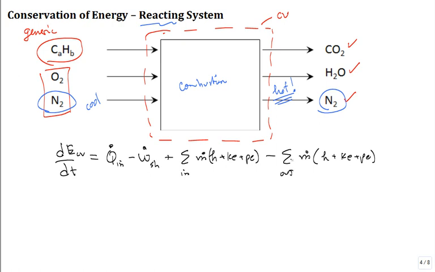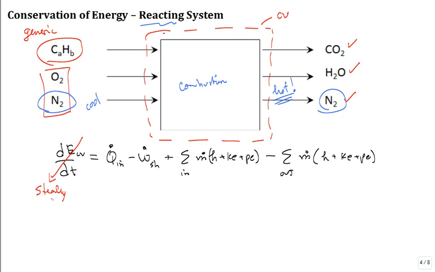Does that equation make you happy? Does it look real familiar? Sure, I hope so. Now, we would say to ourselves, if you just have a reacting system, do you think it's running steady state? Sure. Very rarely do we have a true transient problem, even for a simple conservation of energy equation. Most application problems analyze steady state.